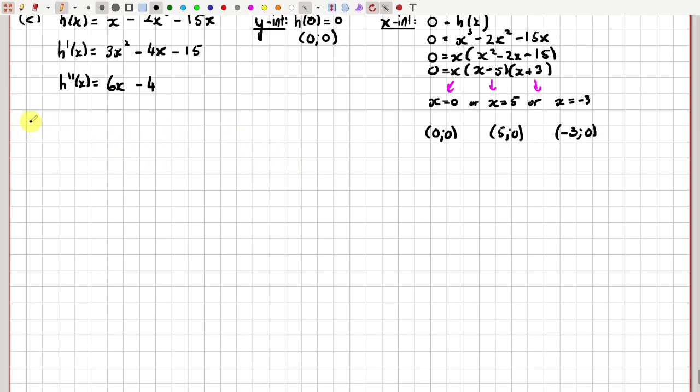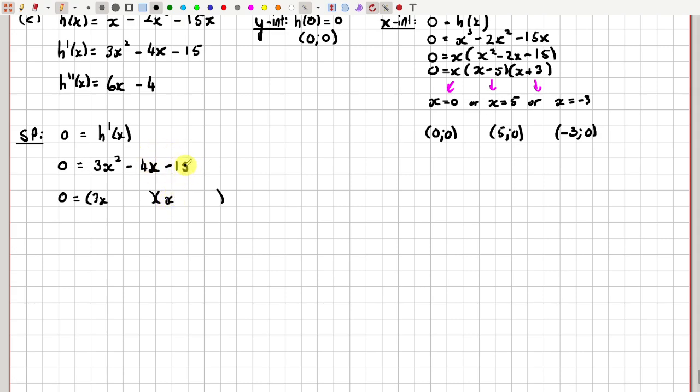So we look at our stationary point. I'll use the shorthand SP over here, and we get that by making our first derivative equal to 0. 3x squared minus 4x minus 15. Factorize this. It's 3x and x. Our signs will be different.